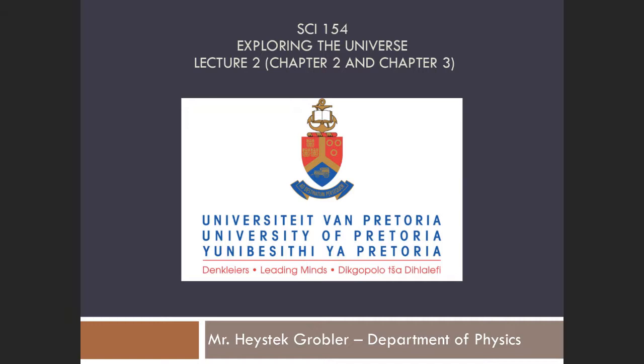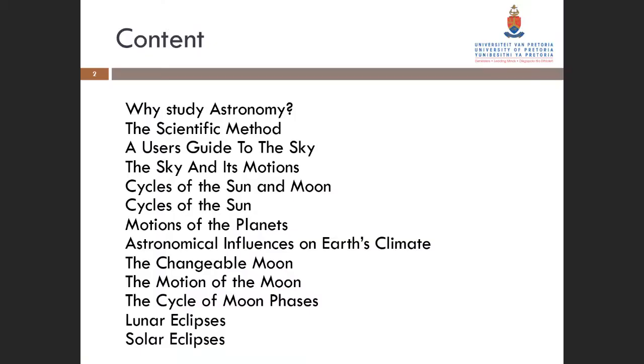So, in tonight's lecture, we're going to look at chapter 2 and chapter 3 of the textbook. Another comment: I read this week that it was first suggested in 1690 that Jupiter might not be a solid planet, but made of gas.